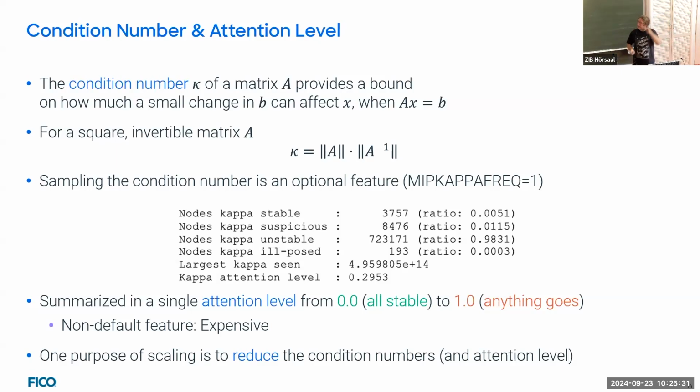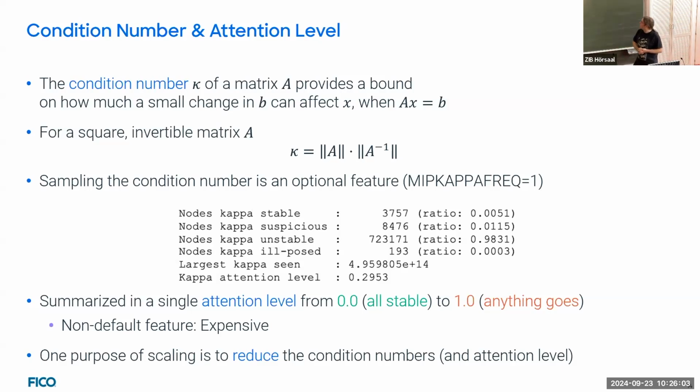This really says something like, I always forget the exact numbers, less than 10 to the minus 9, until 10 to the minus 12, 10 to the minus 15, and this is everything larger than that, something like that. And then aggregate these statistics into what's called the attention level. And the attention level is a measure which is just a weighted sum of these ratios.